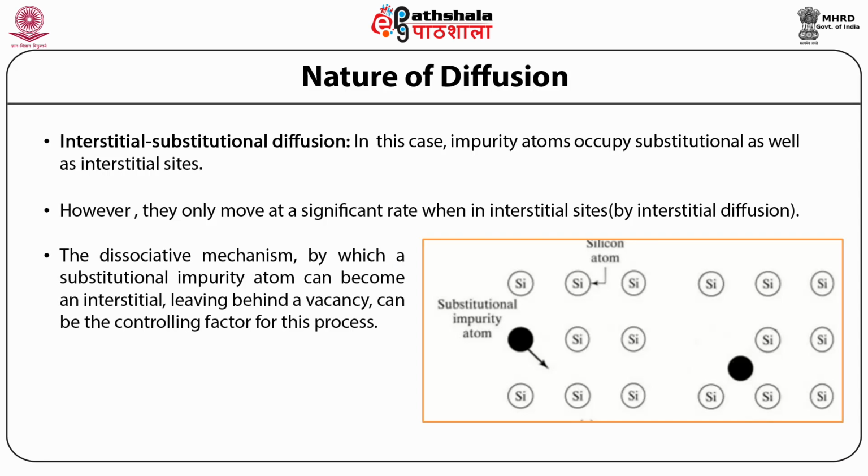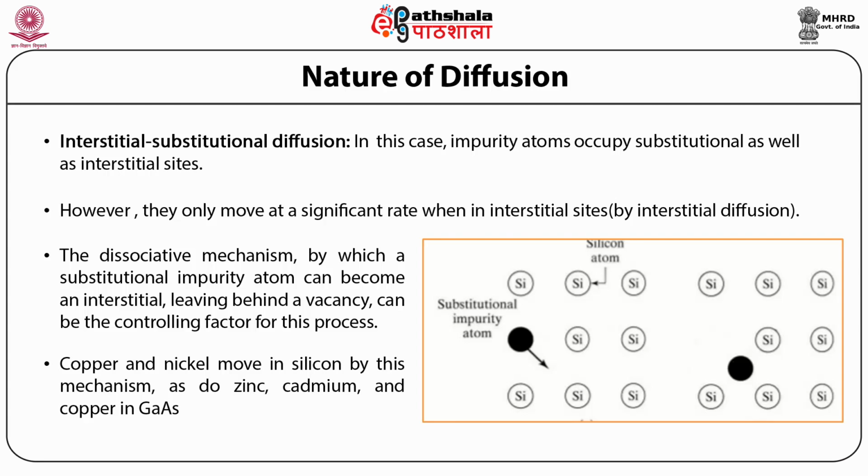So, the dissociative mechanism by which a substitutional impurity atom can become an interstitial, leaving behind a vacancy, can be the controlling factor for this process. Copper and nickel move in silicon by this mechanism, as do zinc, cadmium and copper in gallium arsenide, and this type of process is shown over here.